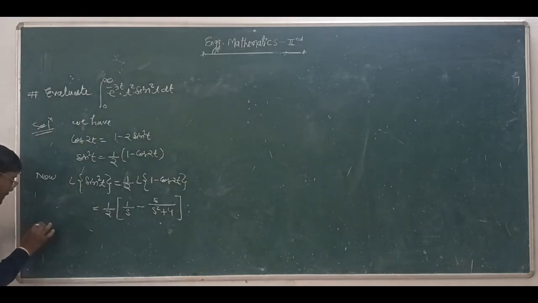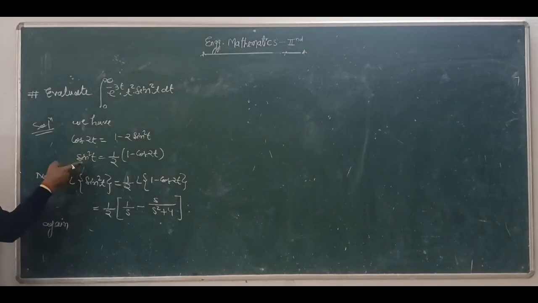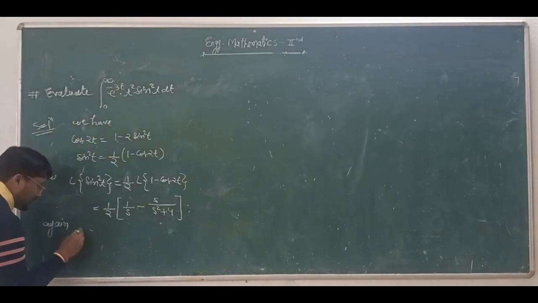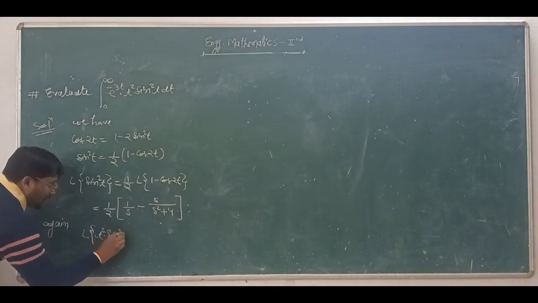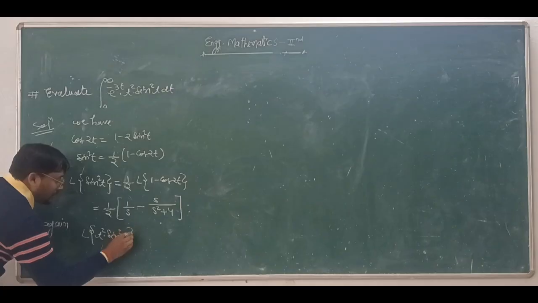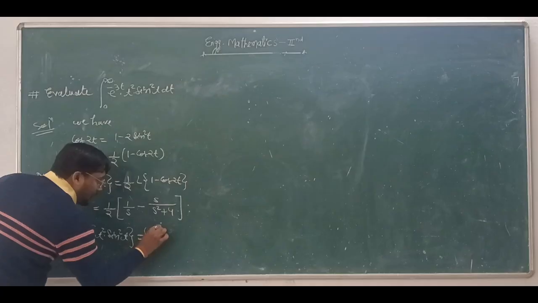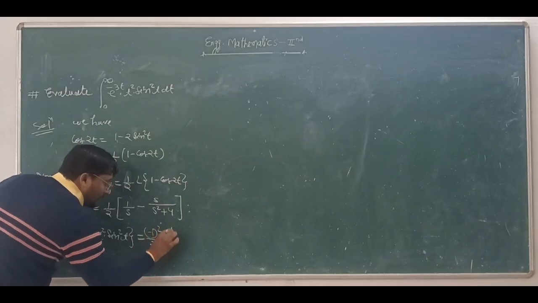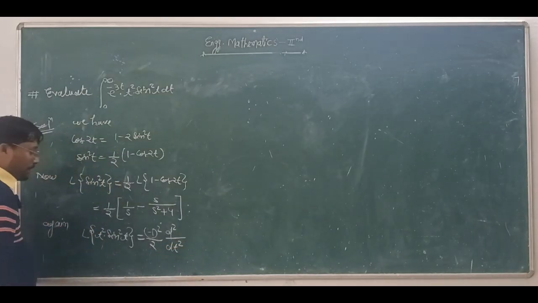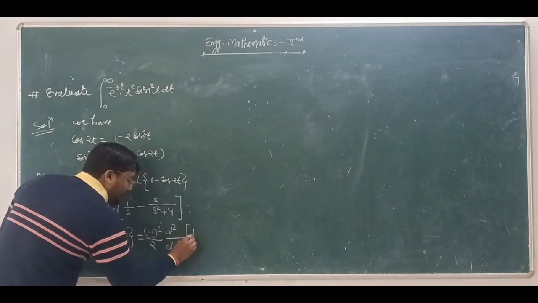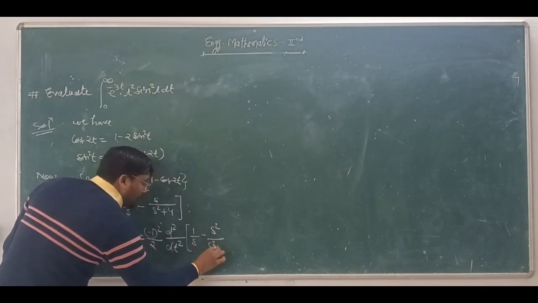Now again, find the value with t square. This means the Laplace of t square sin square t. Now you can write this as (minus 1) to the power 2 times d square upon ds square of (1 upon s minus s upon s square plus 4).